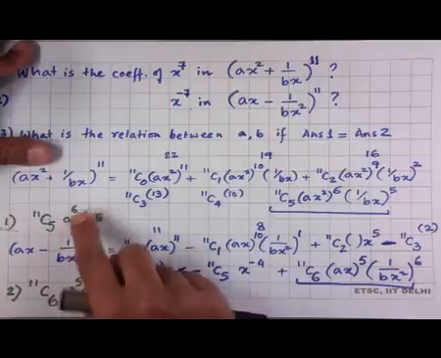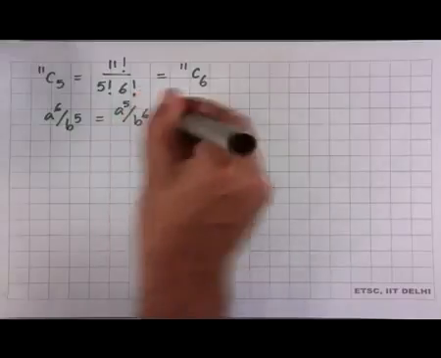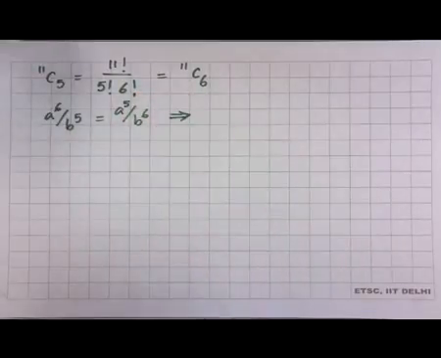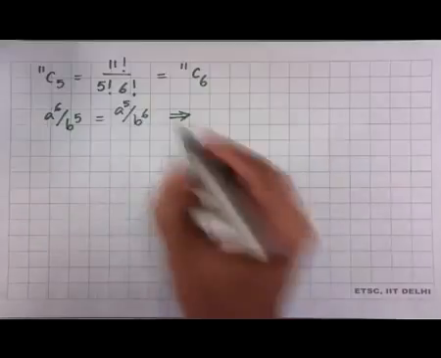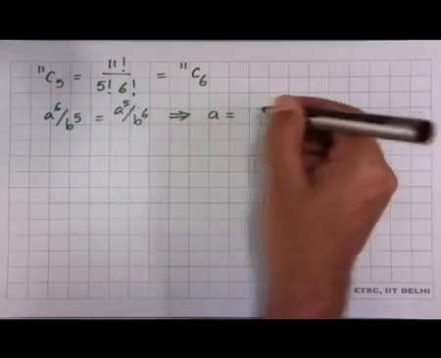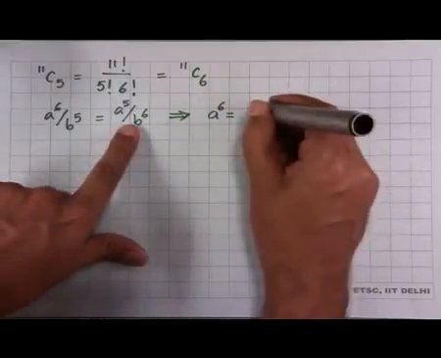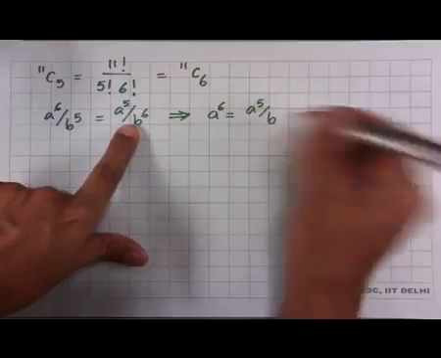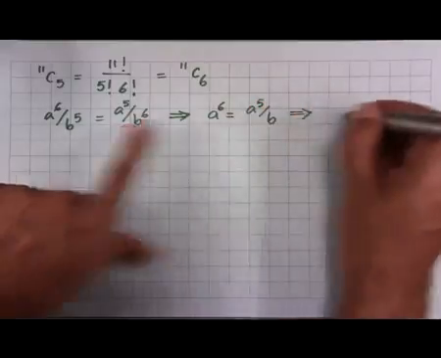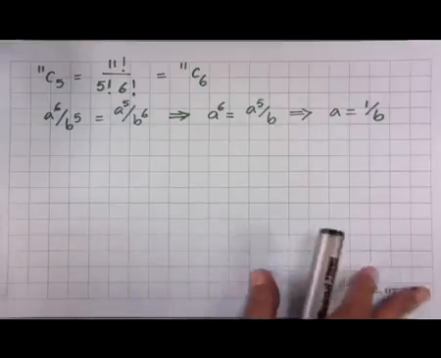All that I am saying is a power 6 by b power 5 is equal to a power 5 by b power 6, which means that, let us multiply by b power 6, a is equal to 1 by b. Great. Okay. So, that is the answer to my third question.